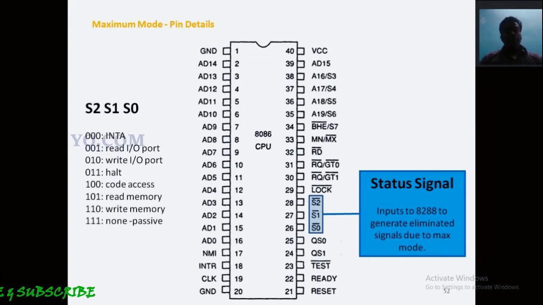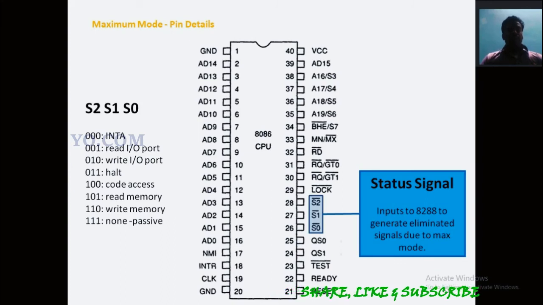Next is the operation of S2, S1, S0. If it is 000, it acts as an interrupt acknowledge. 001 means read IO port, 010 means write IO port, 011 means halt, 100 means code access, 101 means read memory, 110 means write memory, and 111 means passive, that is no action.